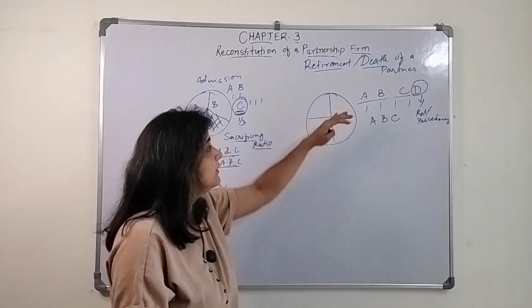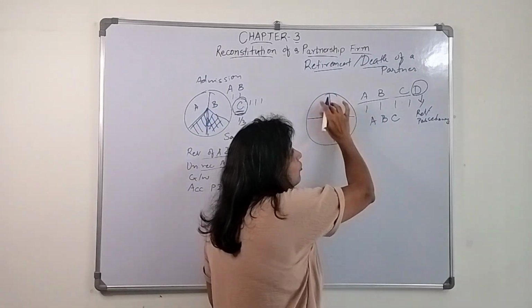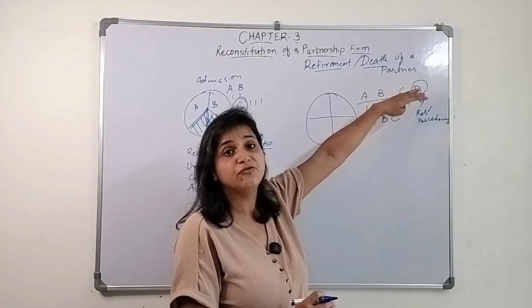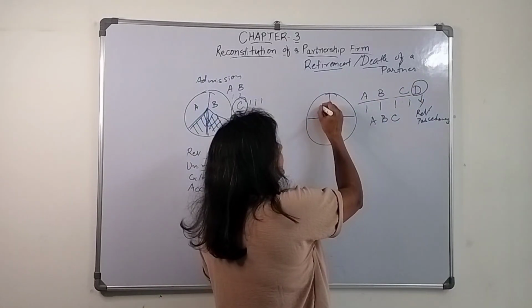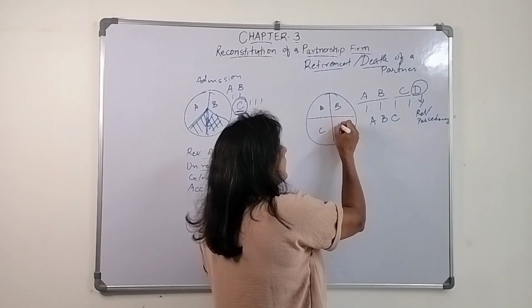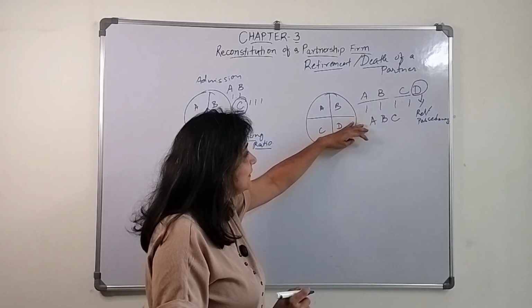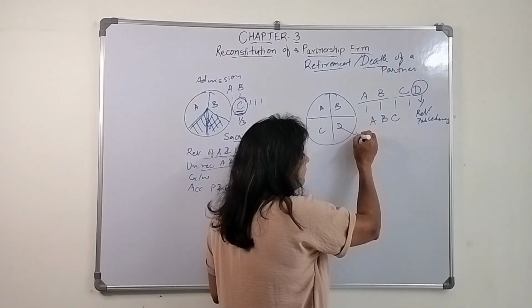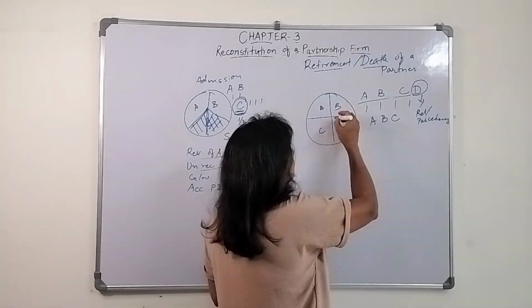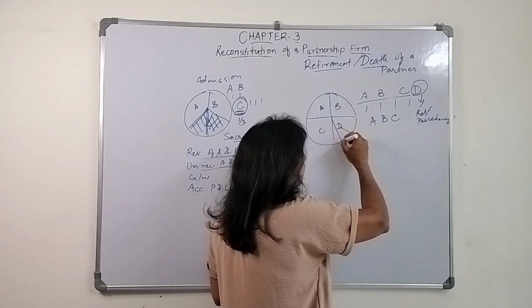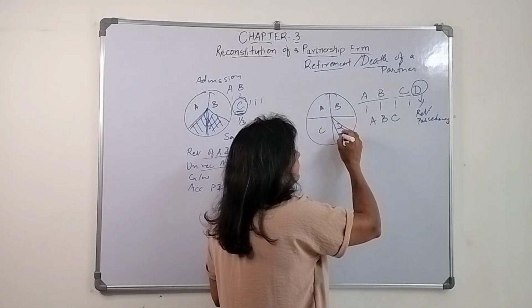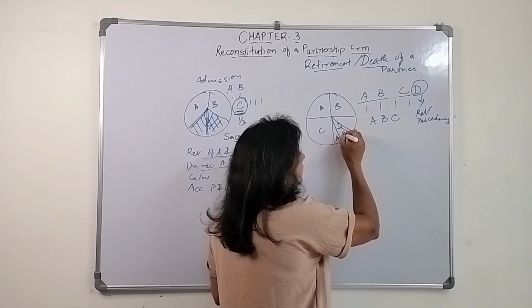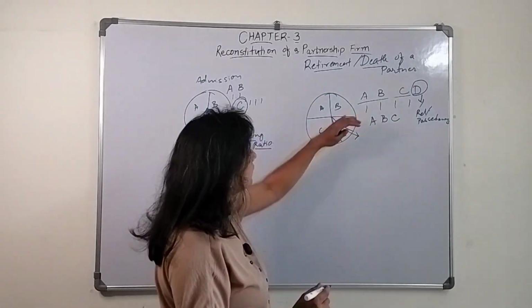But now here, earlier the whole profit was being shared between the four partners A, B, C and D. Now when D exits from the firm, D's future profit will be shared by whom? A, B and C. So what happened?